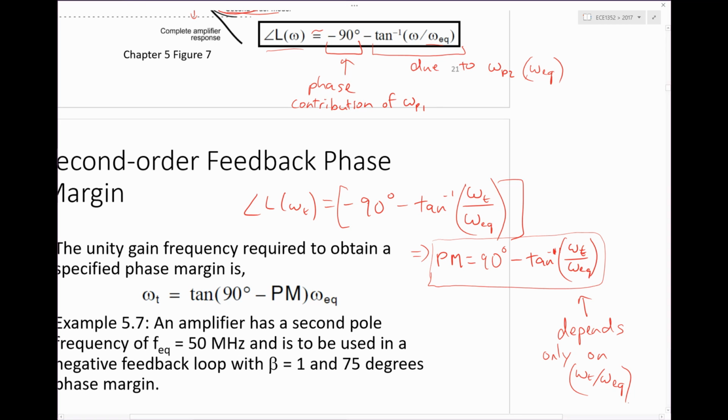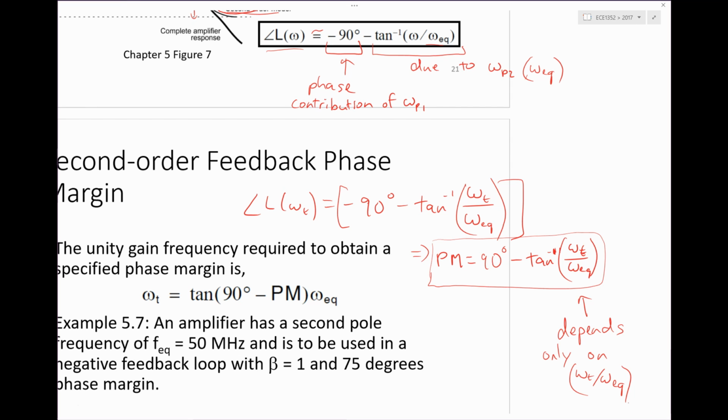So I just want to say that again. How much phase margin you have, which is one of our main stability specs that we're going to work with, doesn't depend on the first pole. It depends on the second pole, and specifically where that second pole is in relation to the unity gain frequency omega t. So we could do some simple cases.